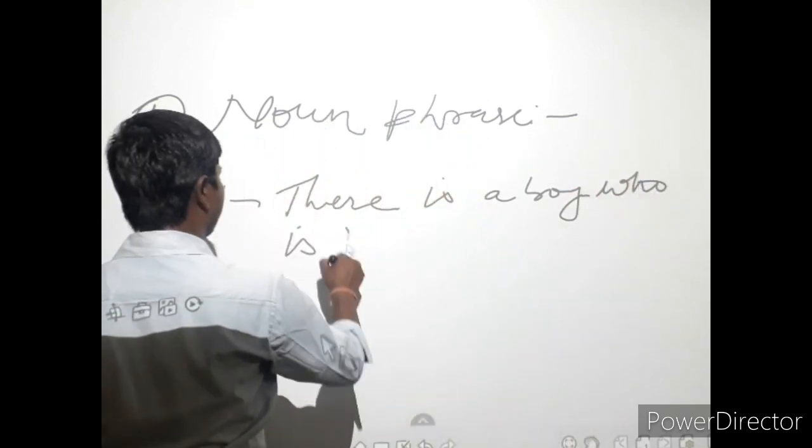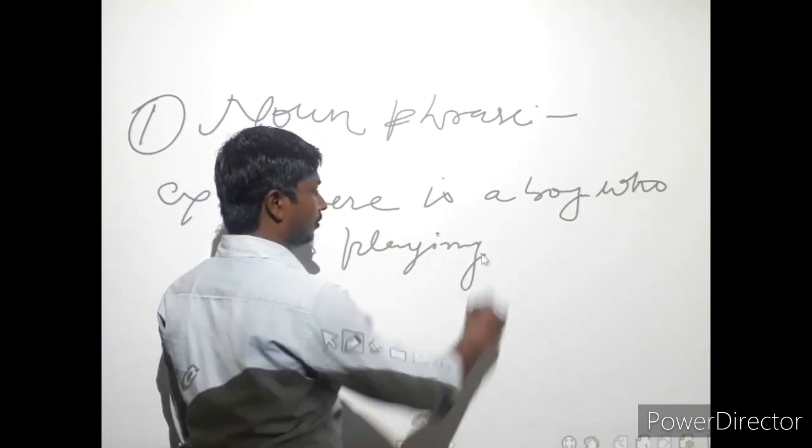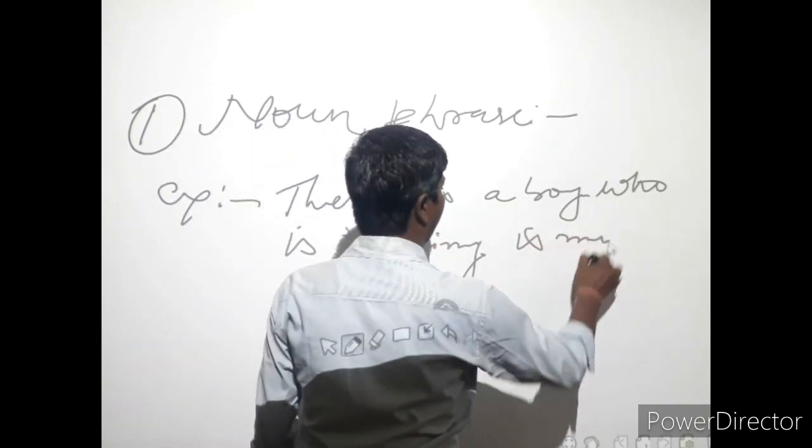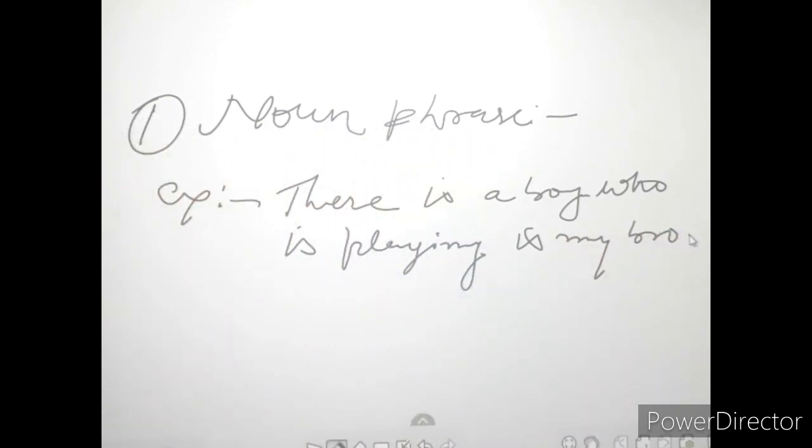who is playing. He is my brother. There is a boy who is playing. He is my brother. You can see the sentence very well, I hope.